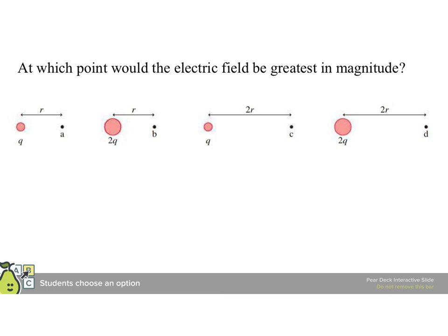All right, in which case would the electric field be greatest in magnitude? So remember, the electric field is 1 over 4 pi epsilon naught times Q over r squared in the direction of outbound radii. So if we take A to be our standard guy, that one is Q over r squared.